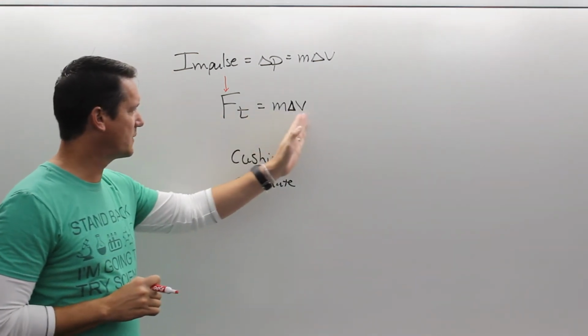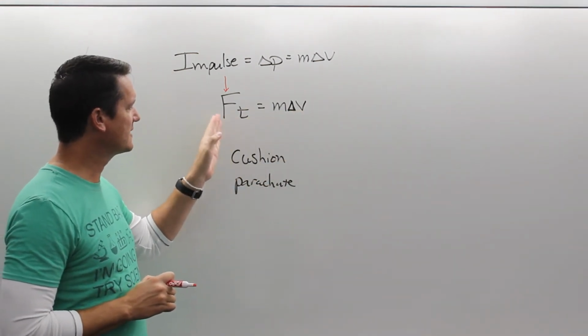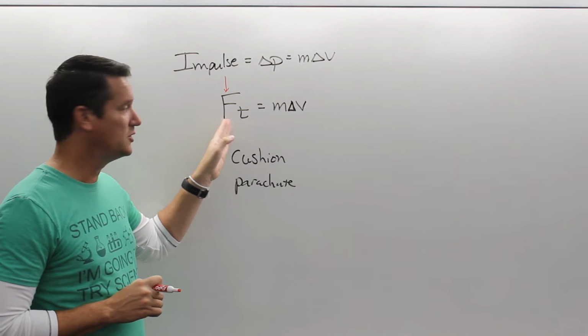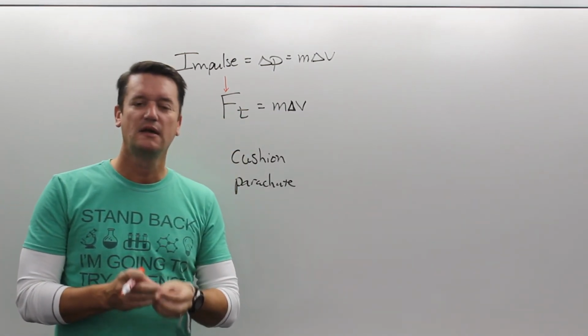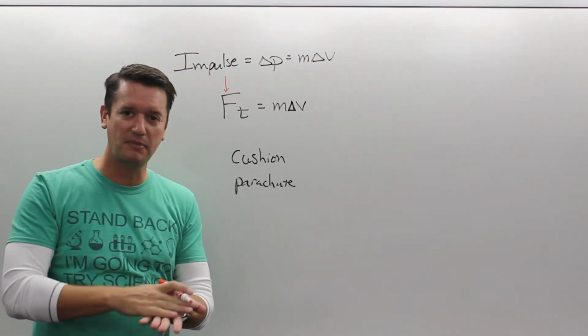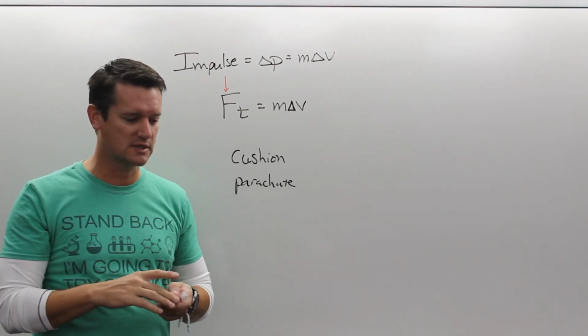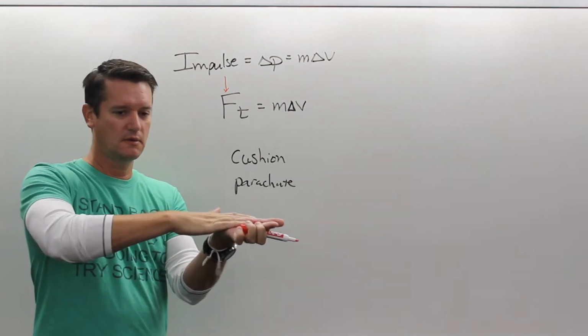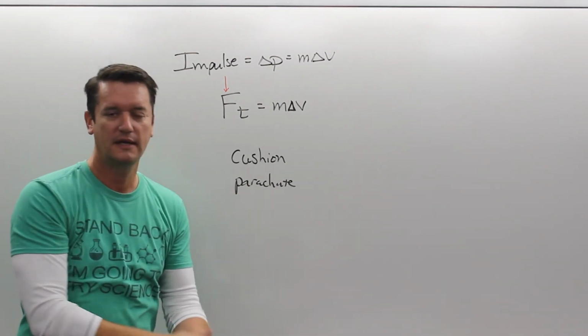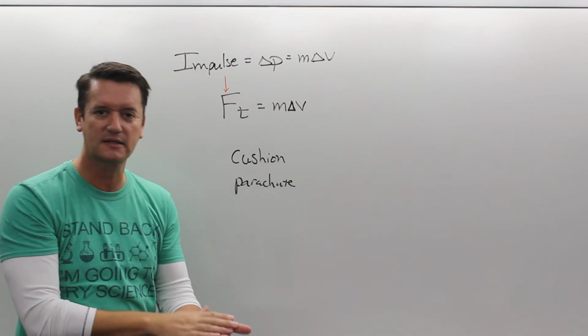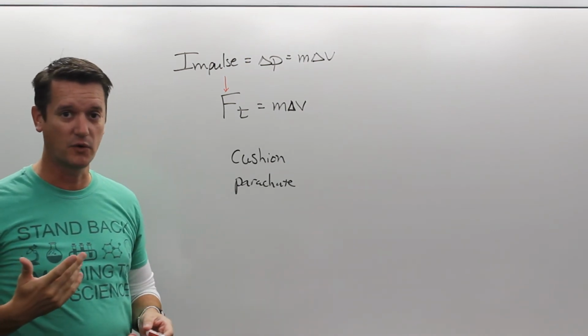If you look at this equation, in order to make this smaller, you could make the time bigger. The time of the impact. If you increase the time of the impact, it will decrease the force. It's kind of like if you hit like this, that's a lot of force, but if you hit like this and increase the time of the impact, that's going to decrease the amount of force.